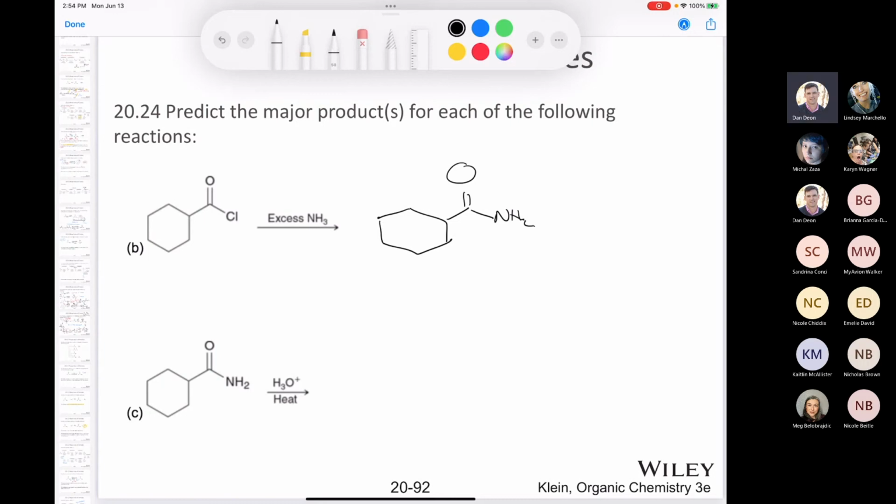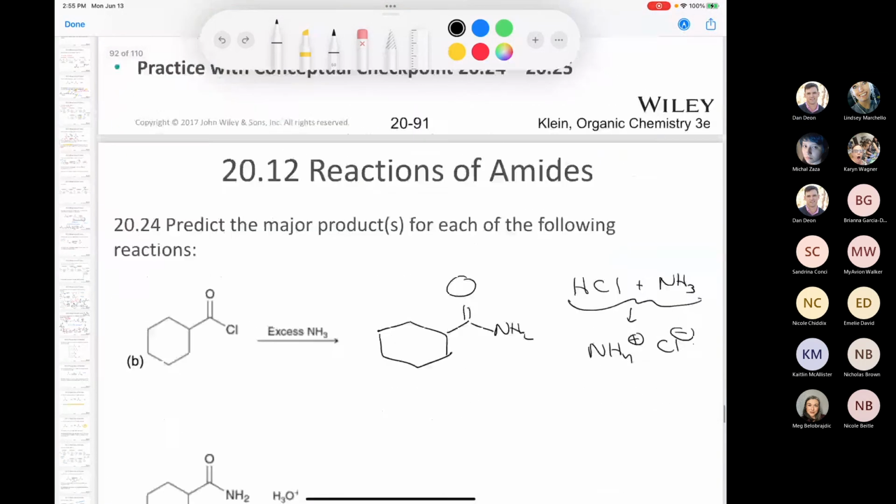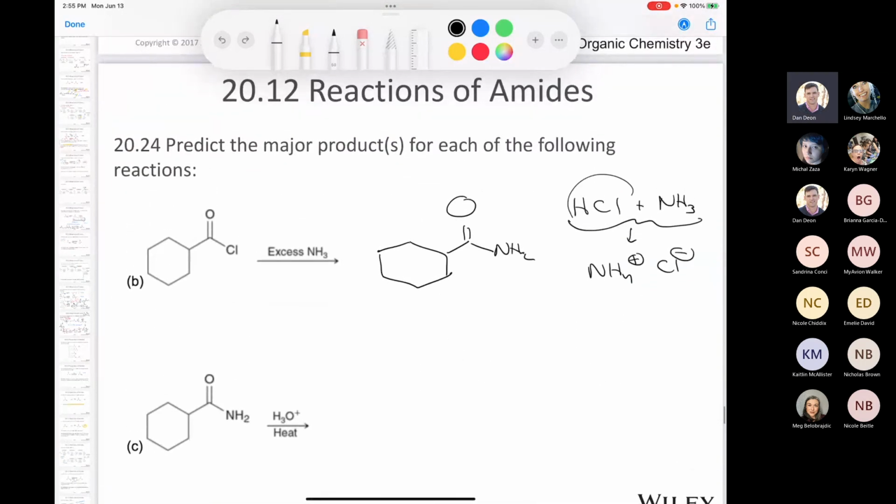And in this case, since you have excess, remember, the reason you have excess is because if you have HCl, the HCl reacts with the excess ammonia to give you ammonium chloride, right? The ammonium ion has a pKa of around 9, whereas HCl has a pKa of around -7. So we end up with the primary amide and ammonium chloride from that reaction.